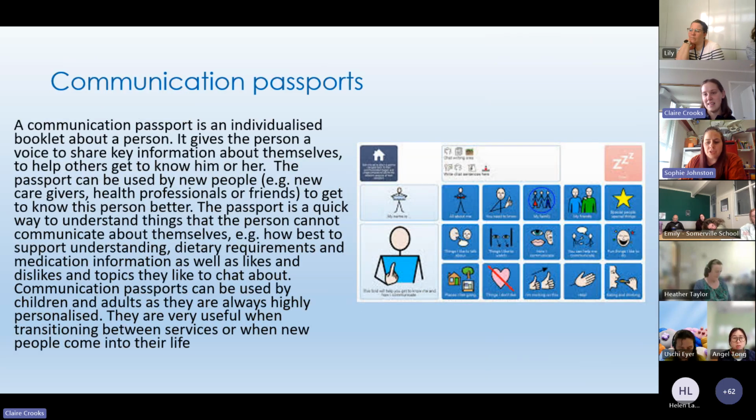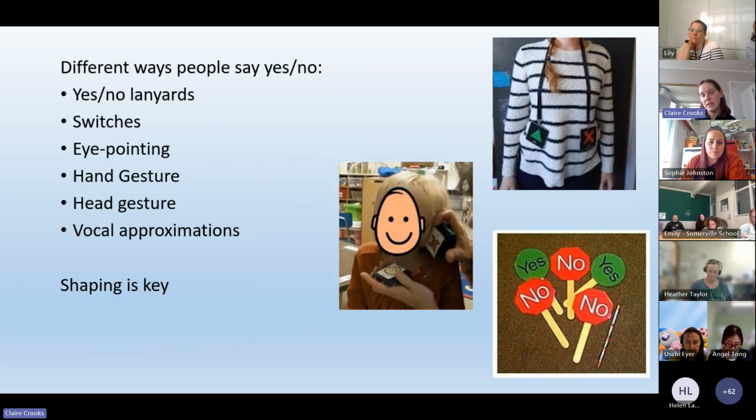Claire, we've had a question from Jane about what would you recommend for a child who is visually impaired and also has no fine motor control? It's really hard to know without seeing bits and pieces. If those head movements are fine, shaping would be good.